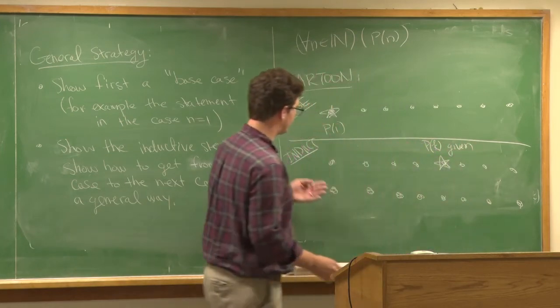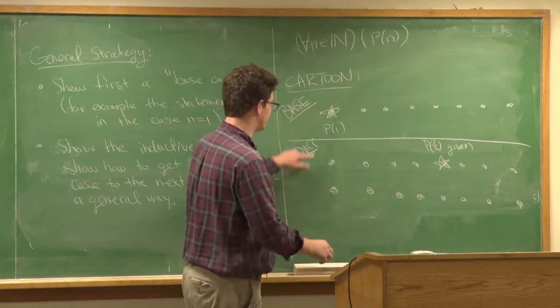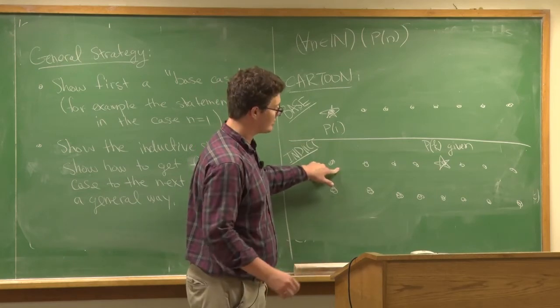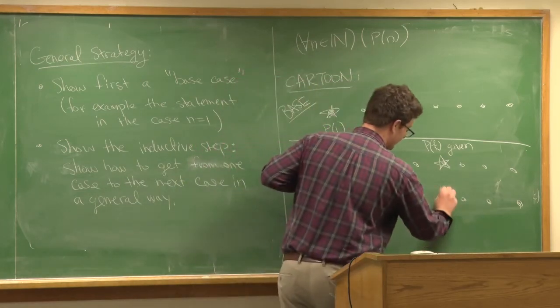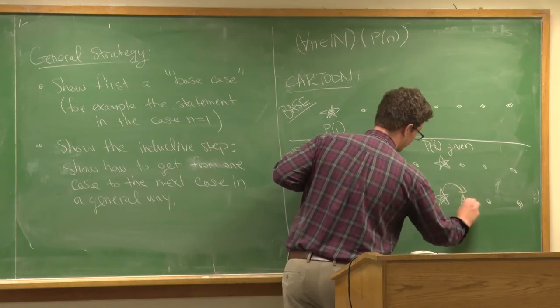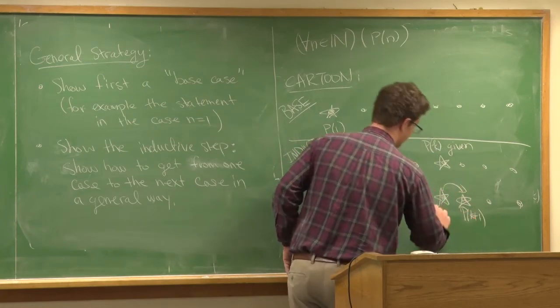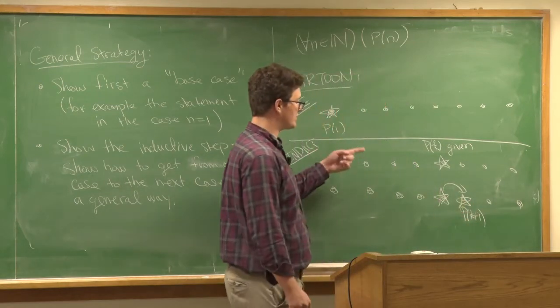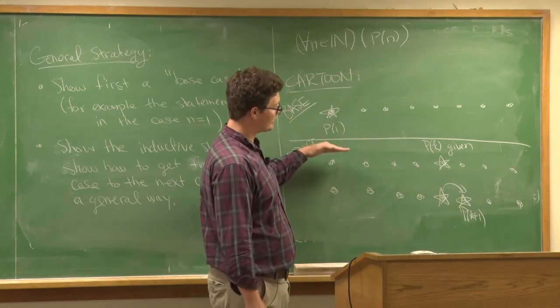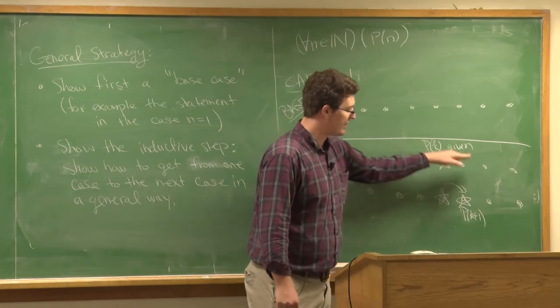Once this is given, we want to go to the next step, from P of k to P of k plus 1. So it's like a procedure so that when we have this one, we know how to fill out the next thing.